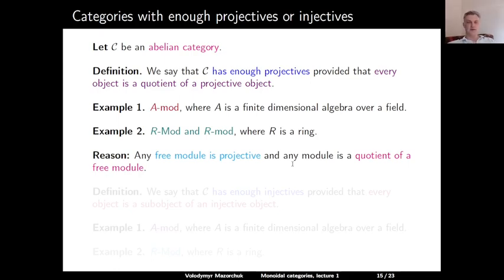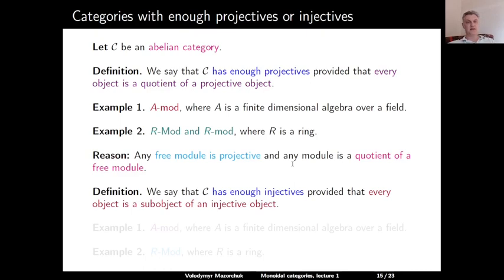they are free. The dual definition, we say that an abelian category C has enough injectives, provided that every object is a subobject of an injective object. So the first example is shared with projectives. The category of all finite-dimensional modules over a finite-dimensional algebra over a field has enough injectives.